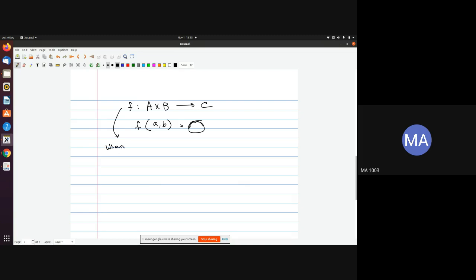When f is bilinear, that is what you are asking, right? Yes. Right. I am saying f is bilinear if f is linear with respect to both the coordinates.